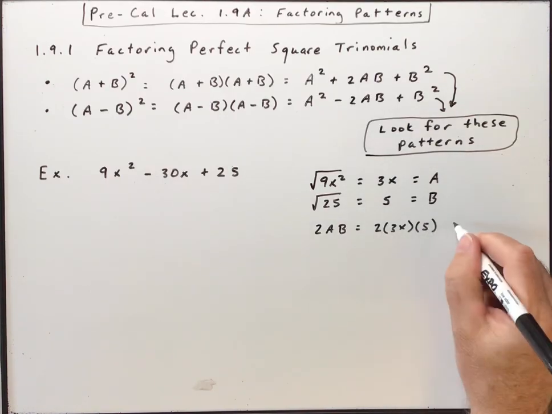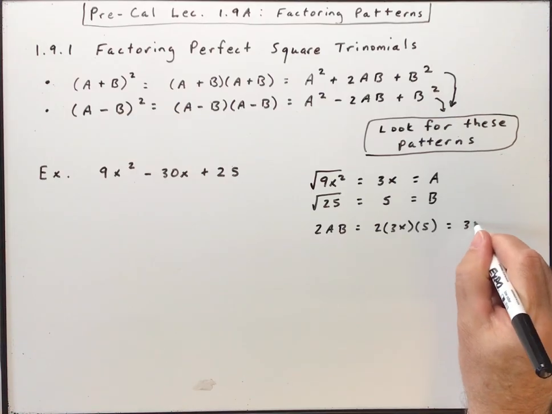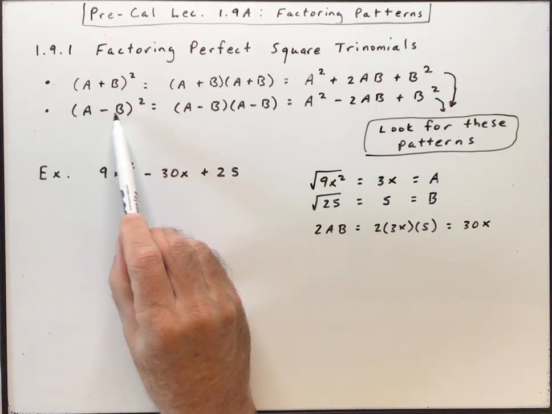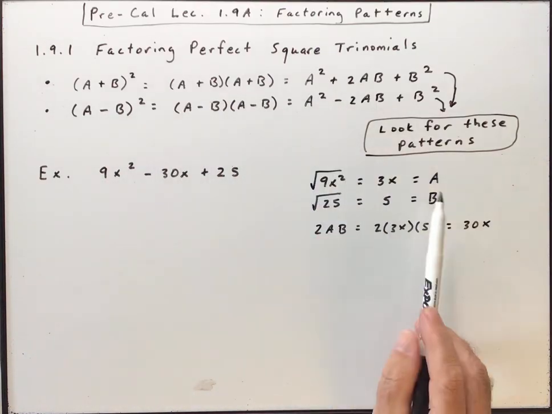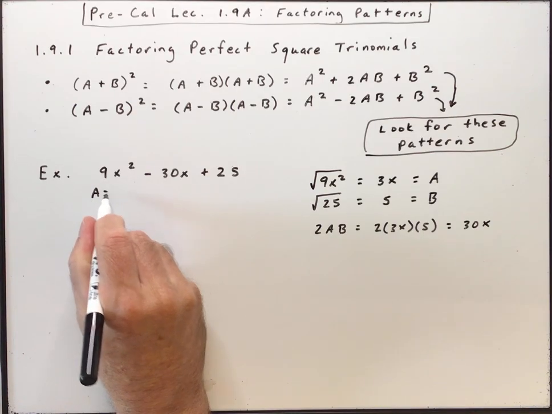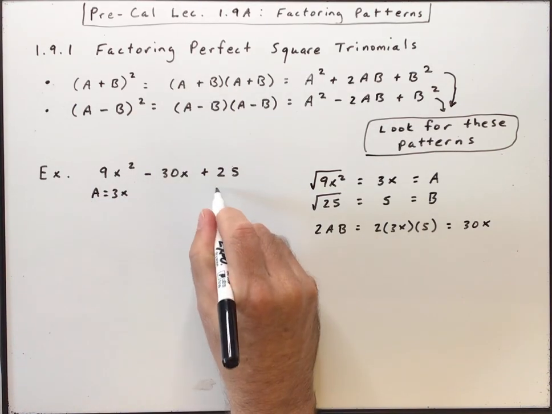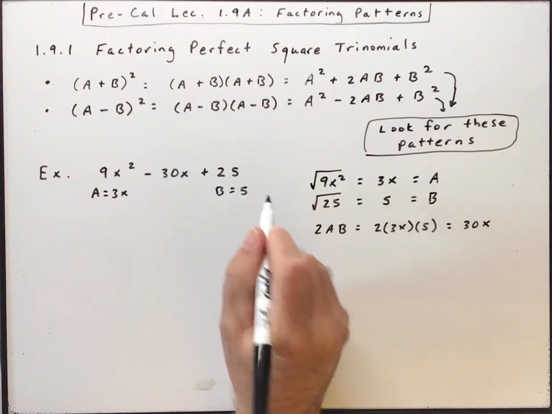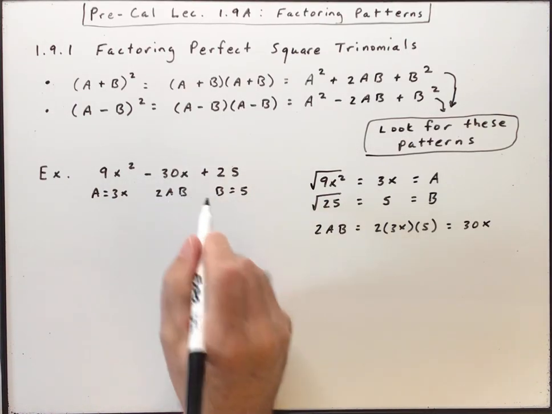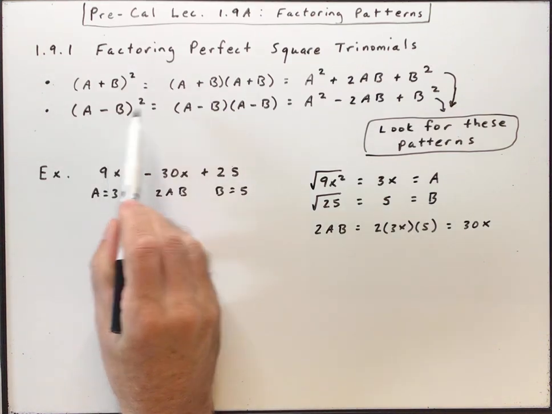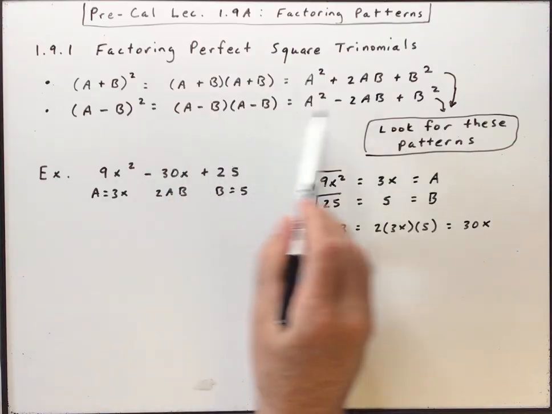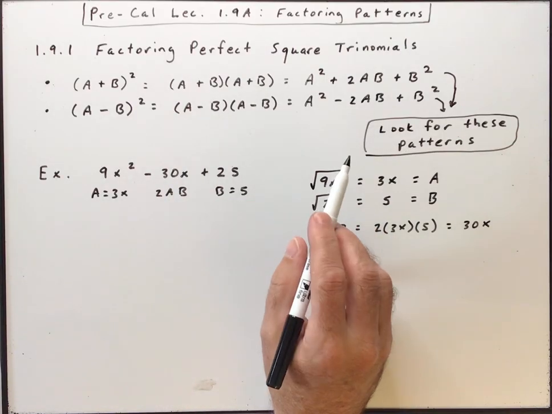It'd be 6 times 5, that's 30x. So it fits the pattern of the second one, (a - b) squared. You have an a squared here, so a is 3x, b is 5, and 30x is 2ab. So we fit the pattern of this (a - b) squared.